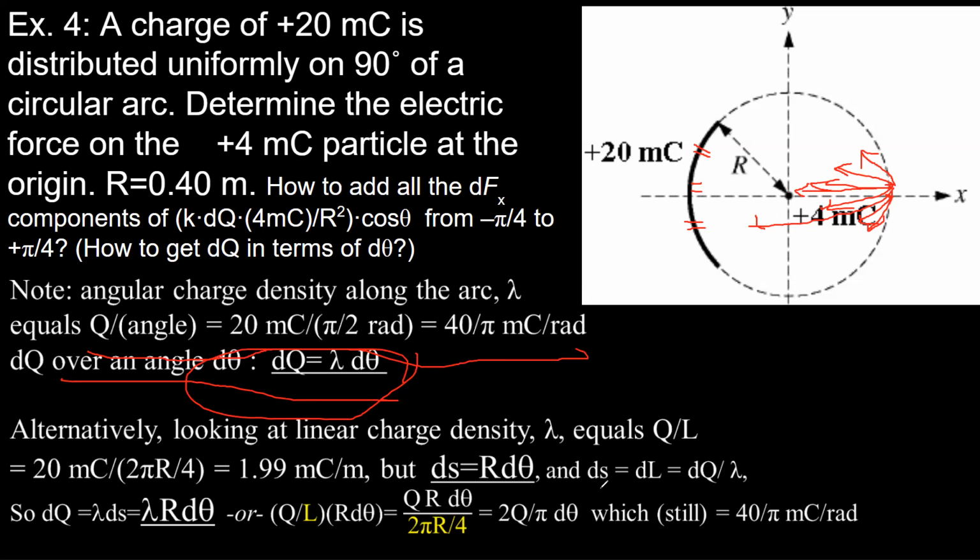So then your dq is lambda times d theta. If you're doing a line like you did last time, you would not use angular. Of course, you would use linear charge density, which is equal to Q over L, and you can differentiate with respect to that.